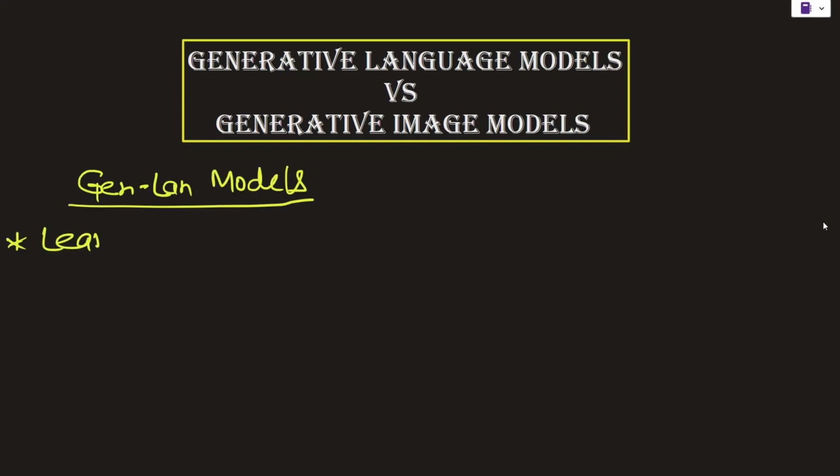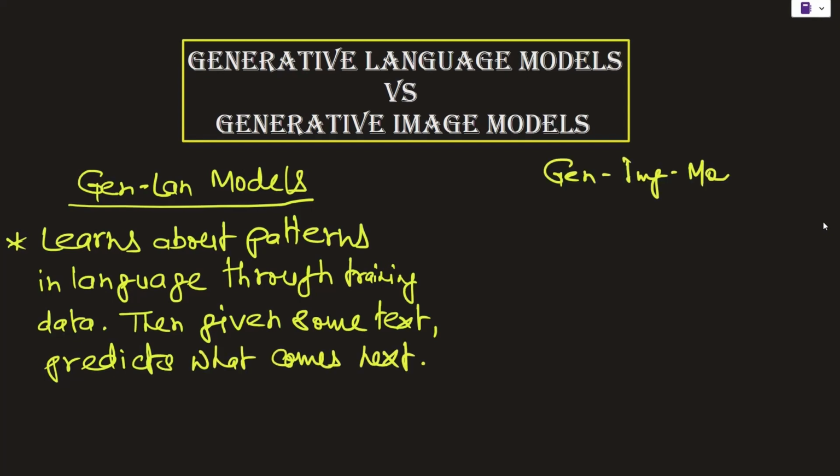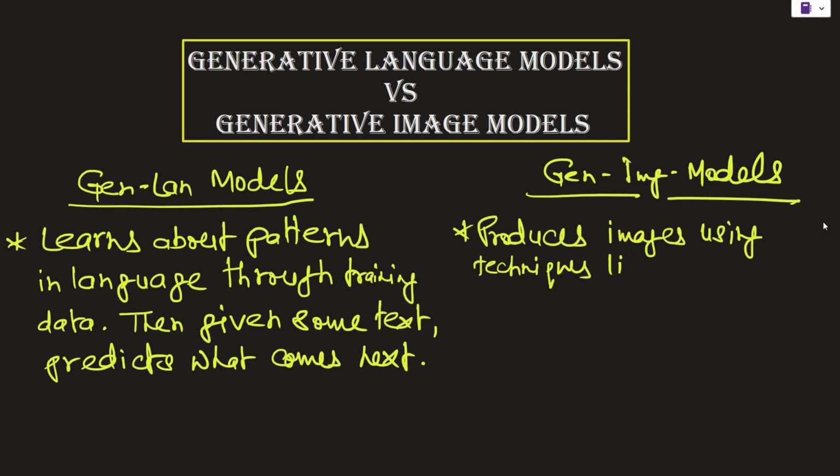These are the models that learn patterns in language through training data, and then given some text, they will be able to predict what comes next. On the other hand, generative image models produce images using techniques like diffusion.